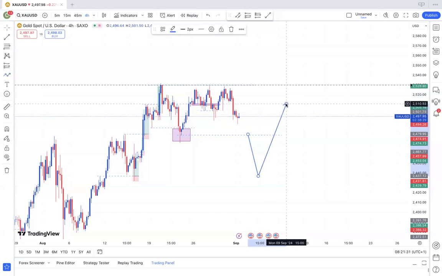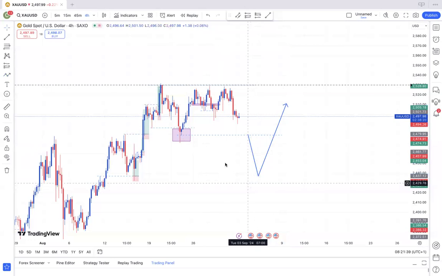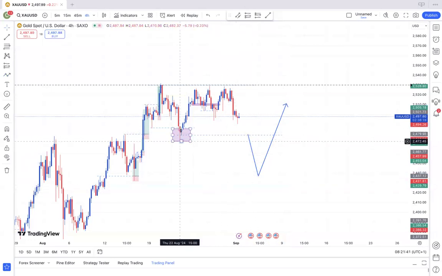There may be the buys, right? But if we don't see a break below this region on the 4-hour time frame, that sort of authenticates the continuation of the sales.